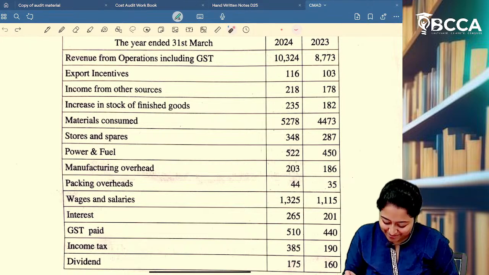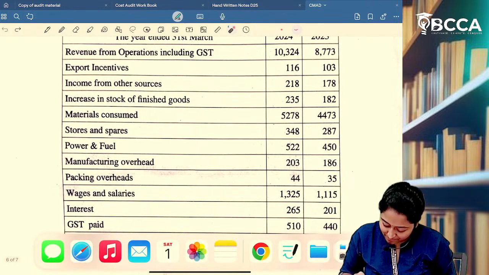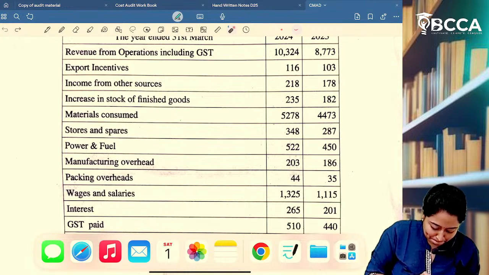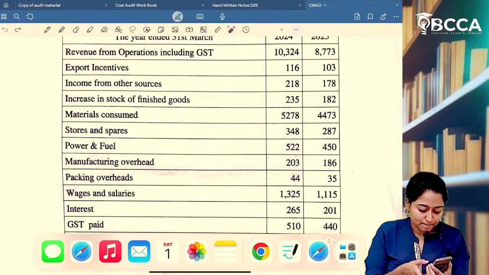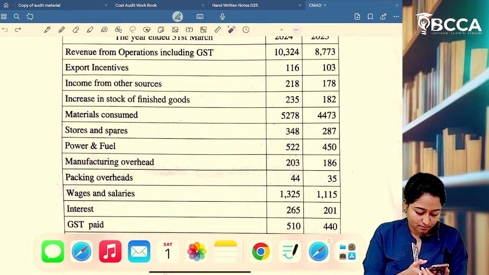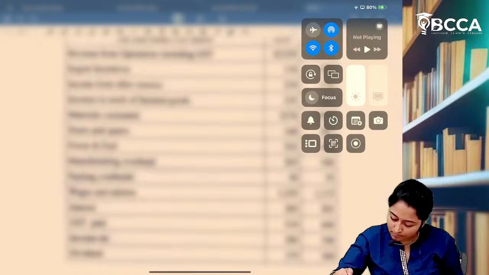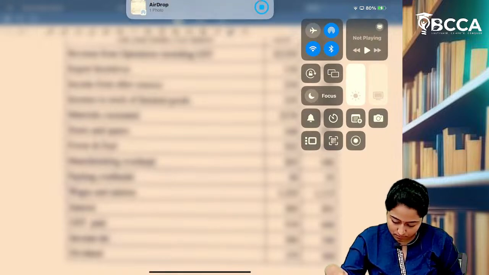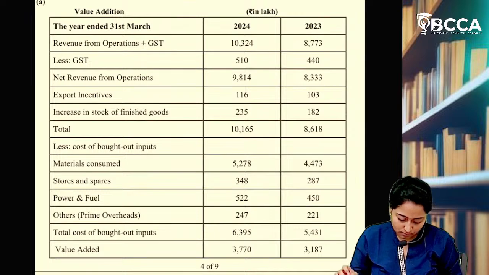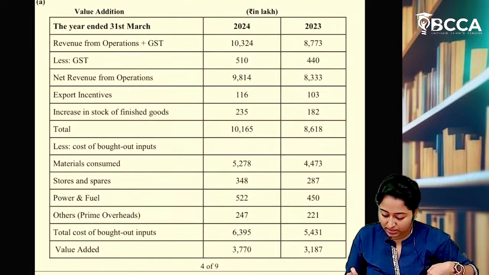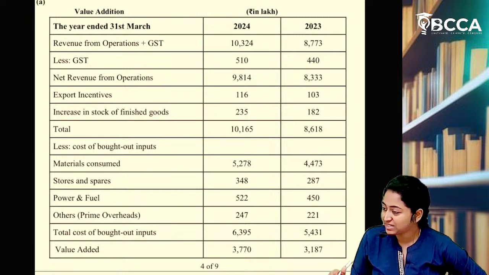Calculation mistake. See, this is the answer which is given.